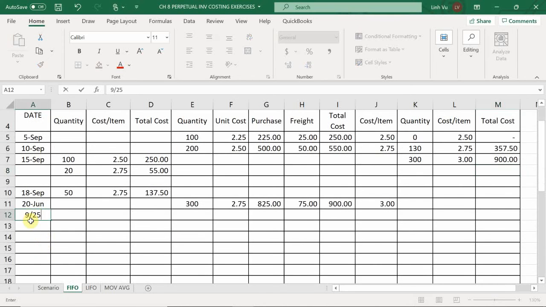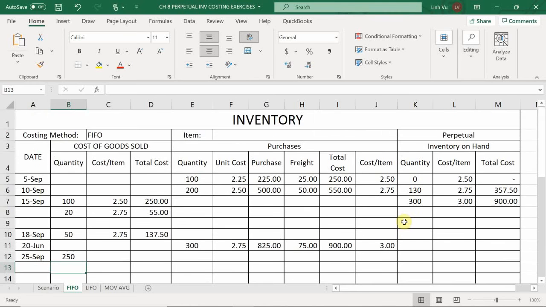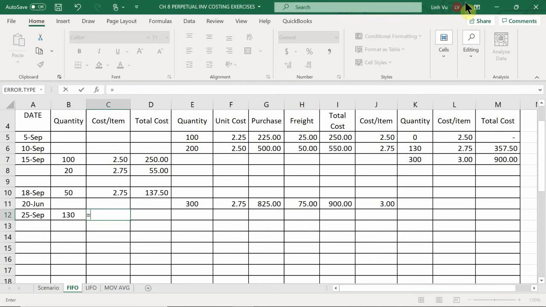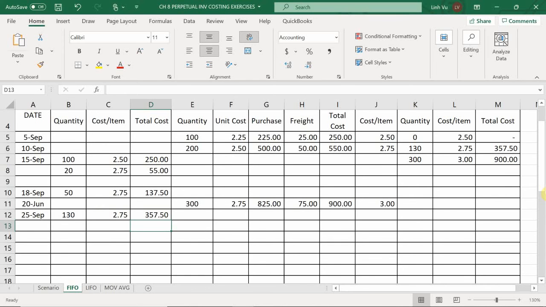Looking at our batches of inventory, we take the whole 130 first, at 2.75, which we know to be 357.50. Good, and we can get rid of that.